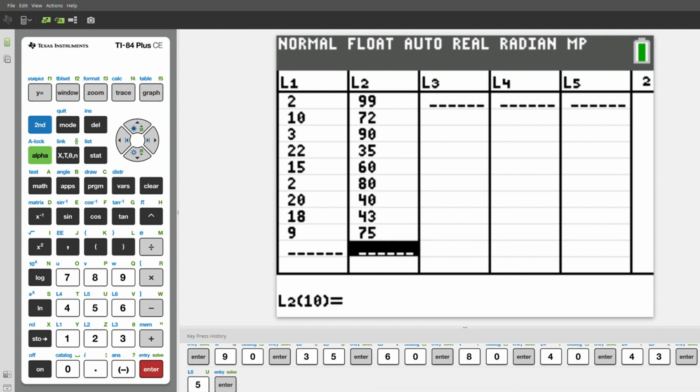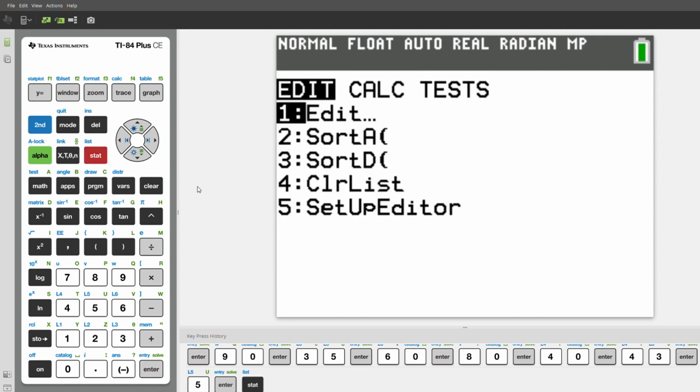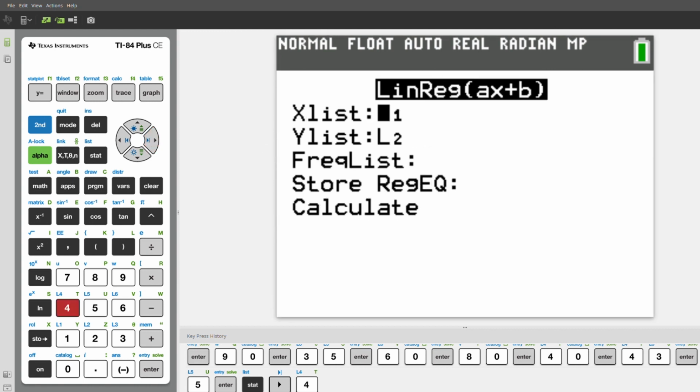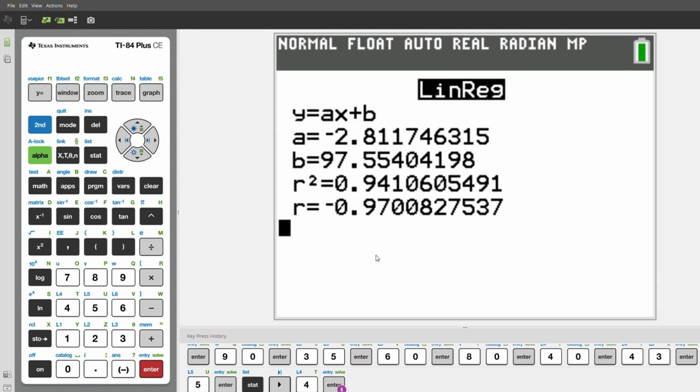Alright, once we have that down, we go to stat, and then use the arrow button to get to calc. Then we can either use option 4 or option 8 as long as we substitute our values of a and b into whatever equation is given to us correctly. I'm just going to do 4, and then press enter, enter, enter, enter, and boom.